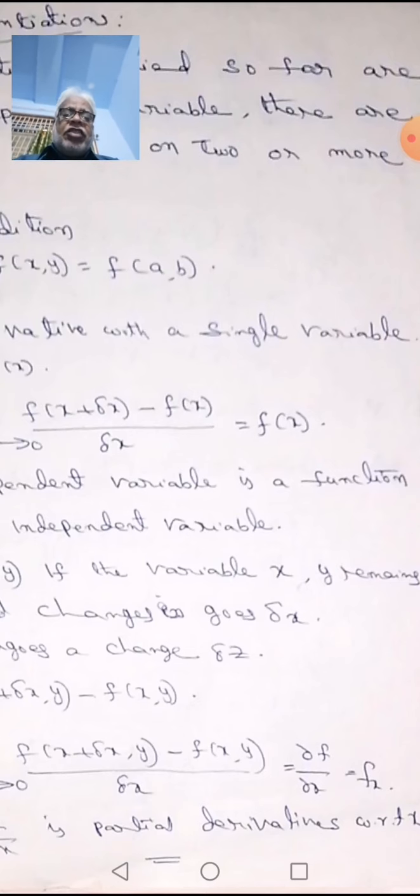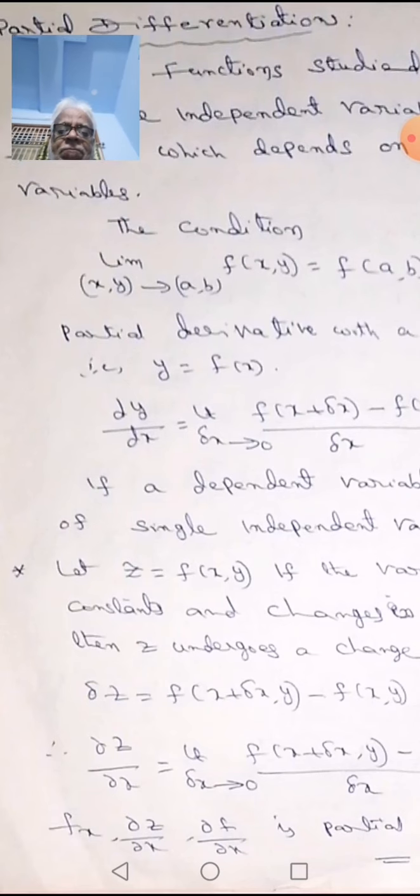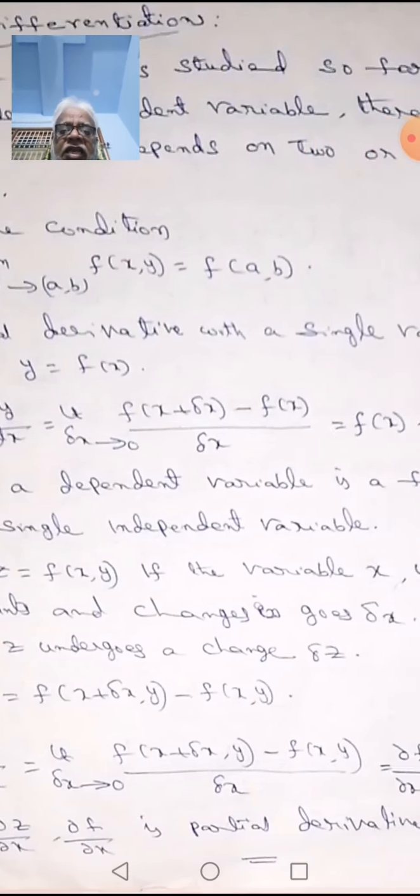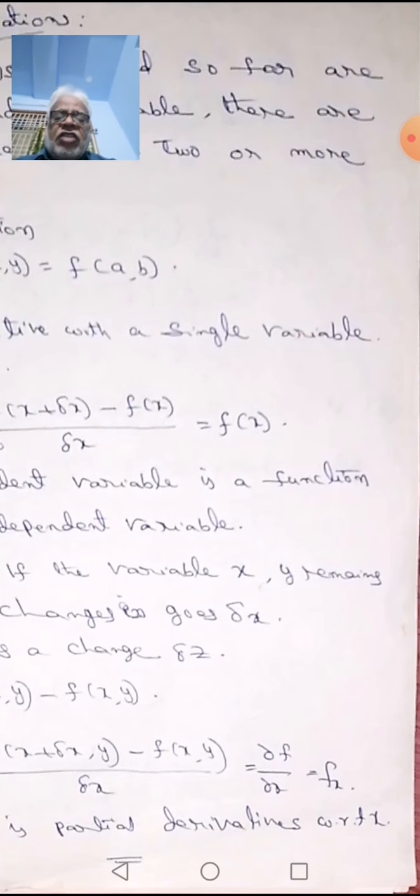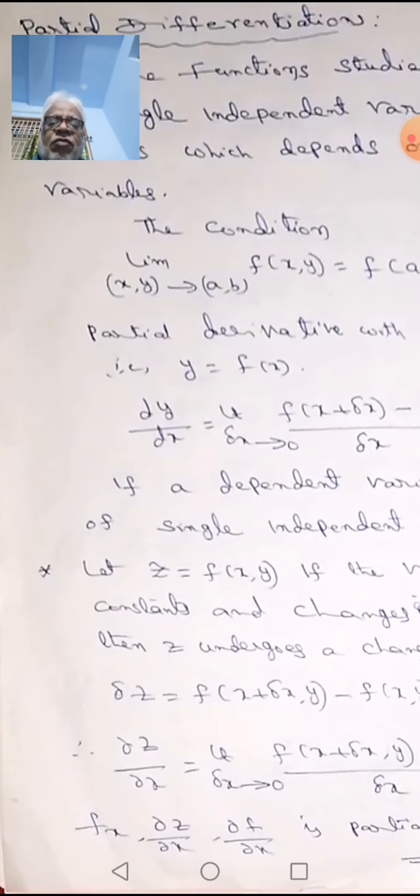The partial differentiation is denoted by dou f by dou x or f x, which means the derivative with respect to x partially of the function f. Dou z by dou x and dou f by dou x are partial derivatives with respect to x. These are the symbols for partial derivatives.